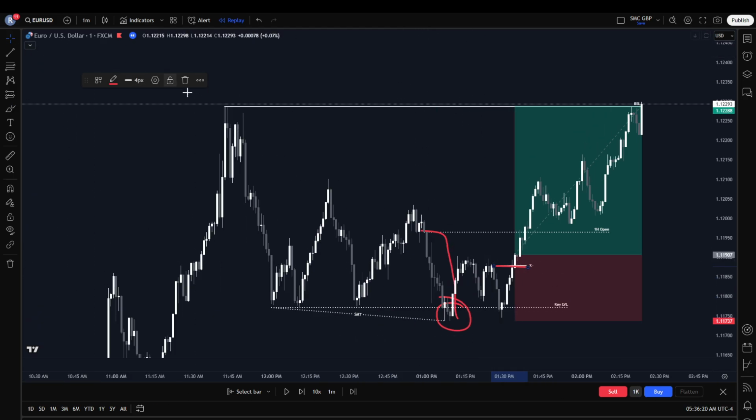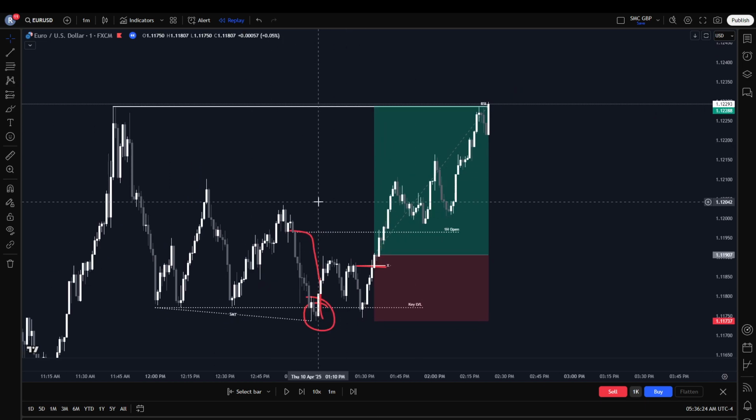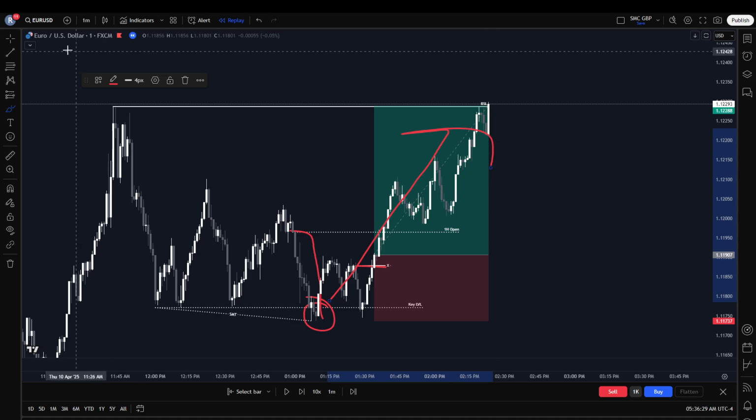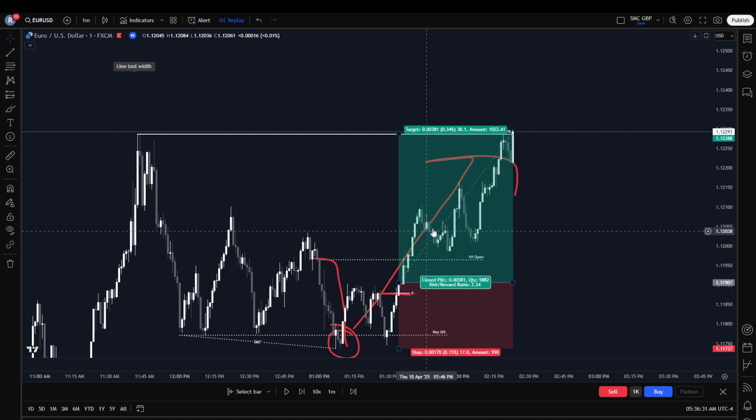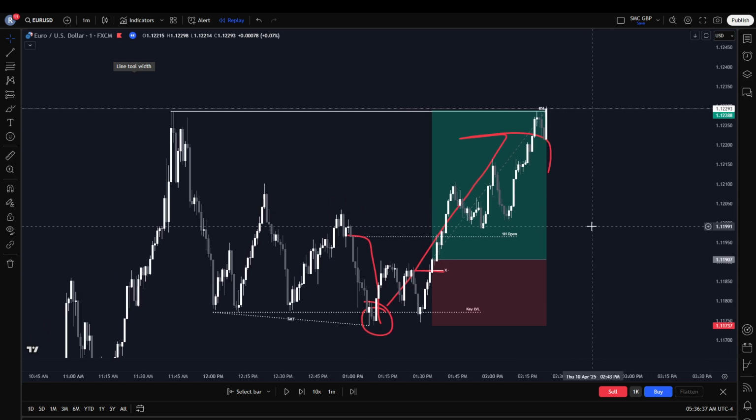So what does this tell us about our manipulation, and what does this tell us about where we're targeting using our liquidity and SMT? It tells us we're likely heading for buy side liquidity if we get our internal confirmations, which was that change in state of delivery, right? It can be that simple. Trading doesn't have to be hard.